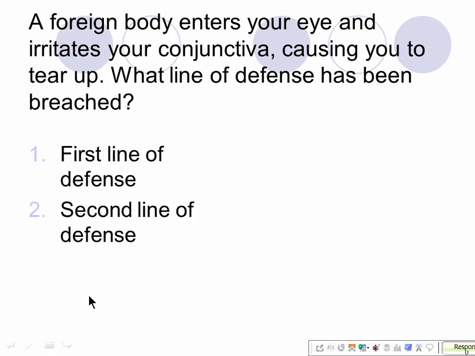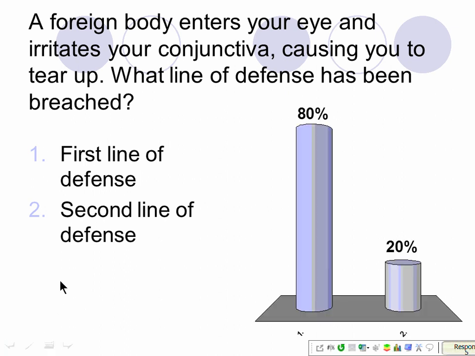Based on this, a foreign body enters your eye and irritates your conjunctiva, causing you to tear up. What line of defense has been breached? I just took you through that review, so think of it. First line of defense.